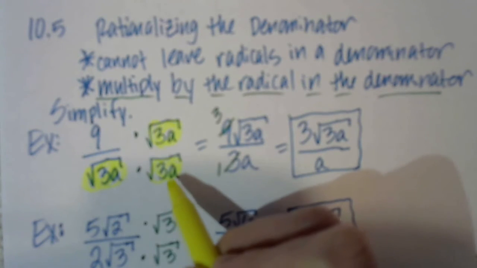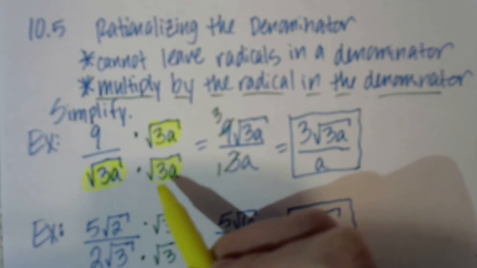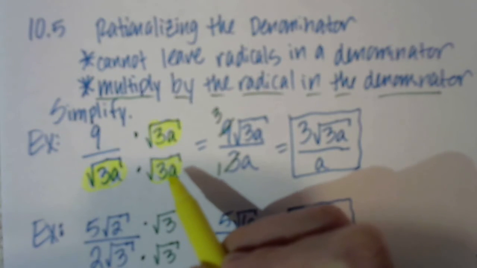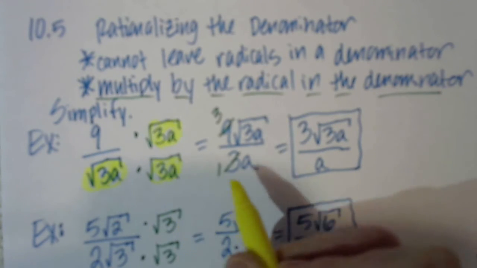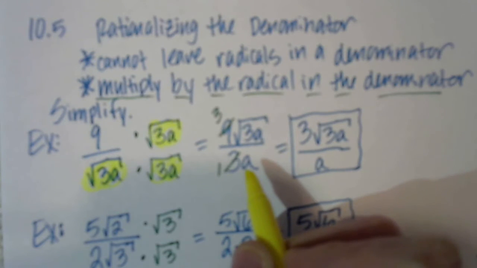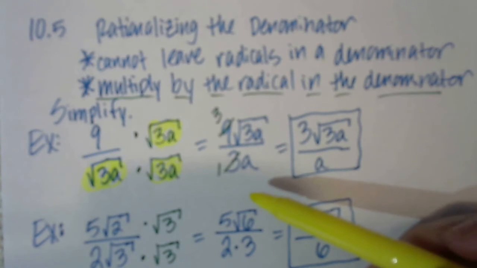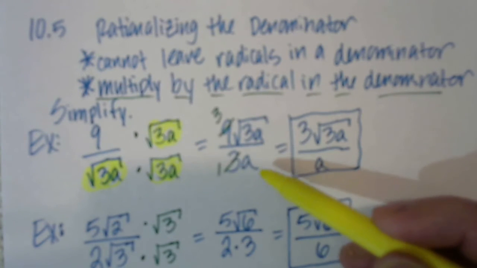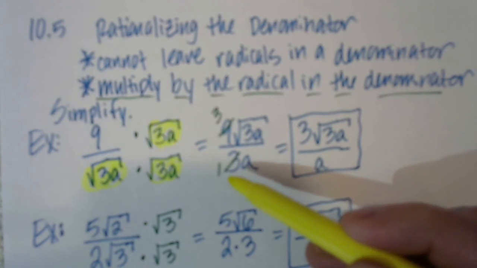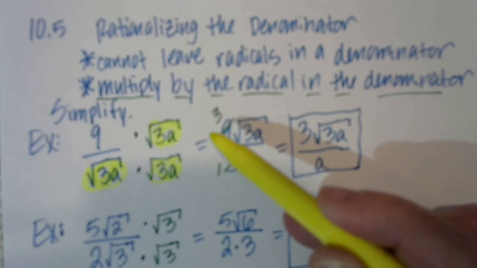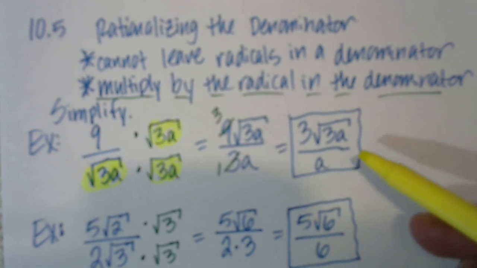A radical times the exact same radical, the exact same type of root, they're both square roots, is going to give me just 3a. Okay? You can see that I can simplify further here with anything outside of the radical. So that's why I simplified and divided by 3. 3 goes into 3 once, 3 goes into 9 3 times. So this is my final answer.